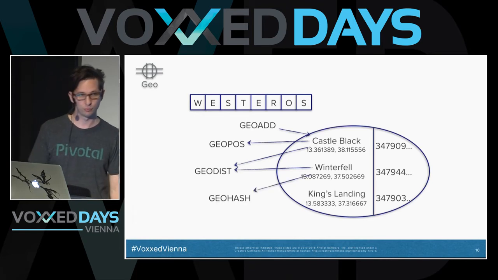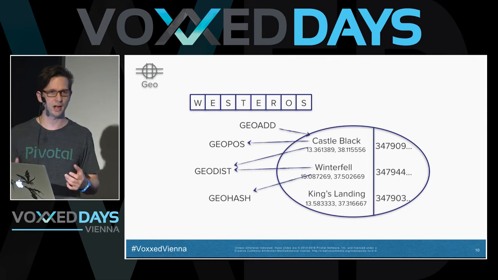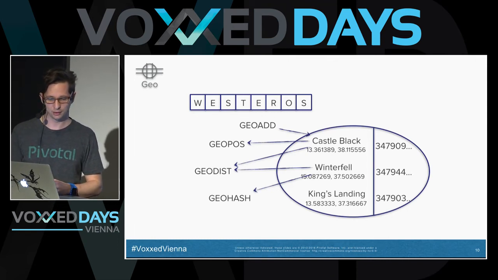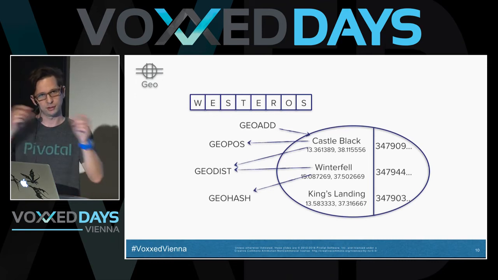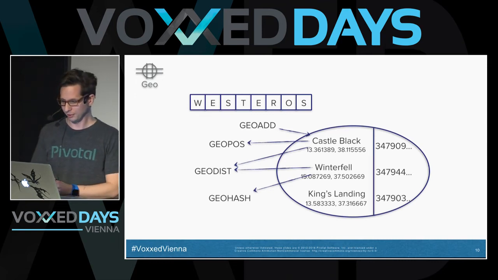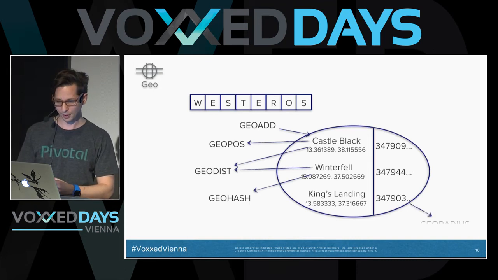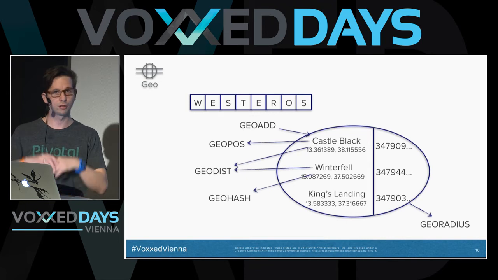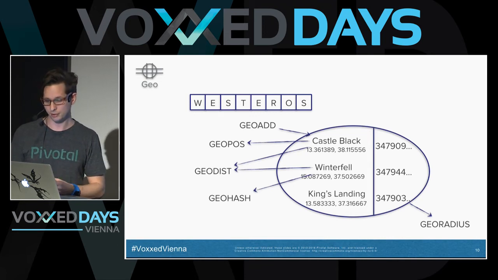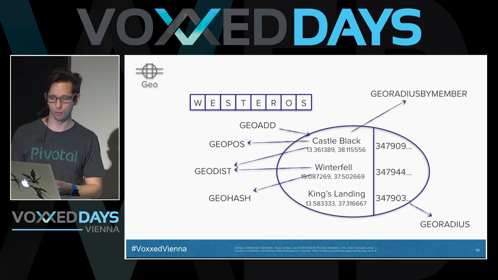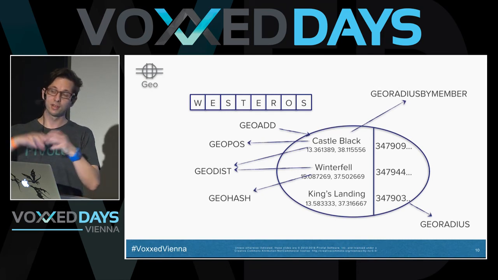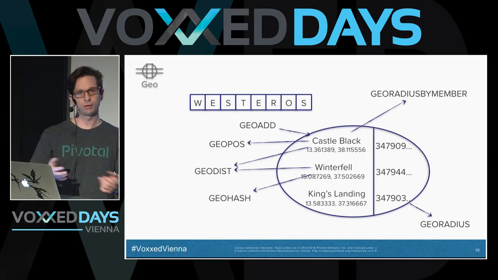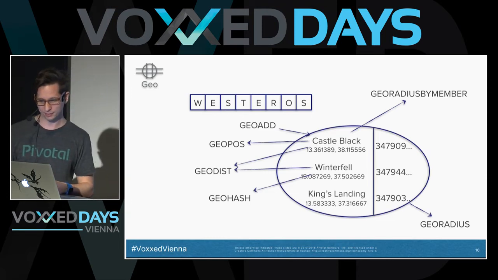You can ask for the geohash representation of that position within the set using GEOHASH, so it will give you that nice little geohash string. And of course you can ask for all points that are within a given radius, where the center is one of the already existing elements within the set.